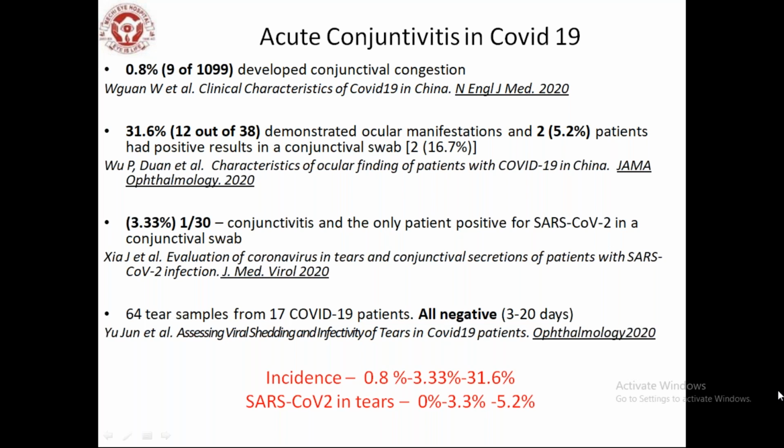But in other viral we may also have sore throat and upper respiratory tract infection. But in COVID positive conjunctivitis, there may be associated shortness of breath, chest pain, increased fatigue, and also fever.